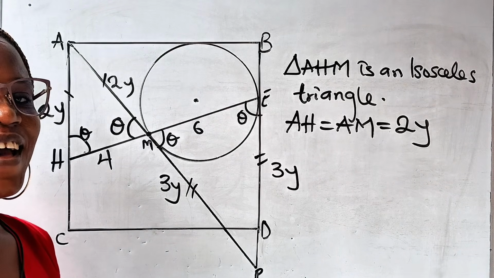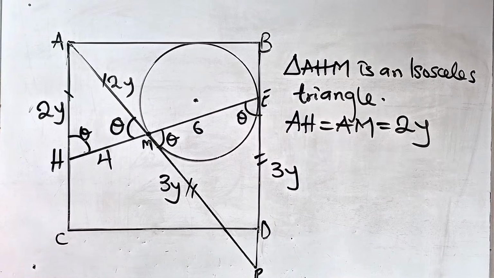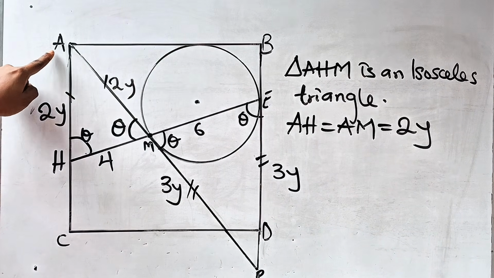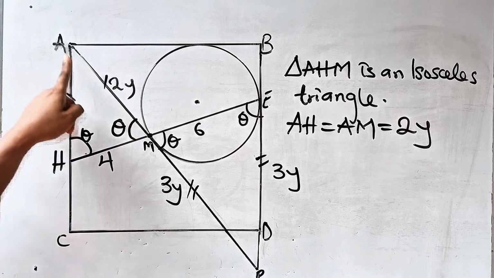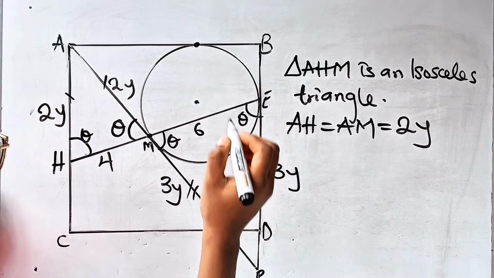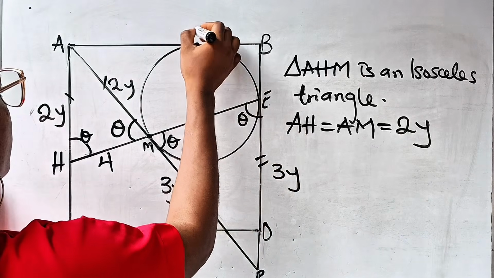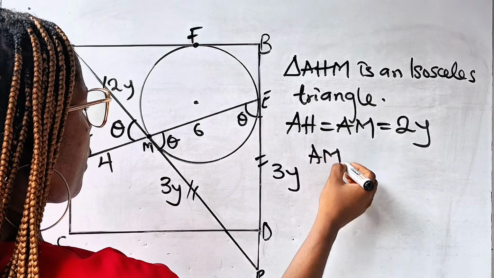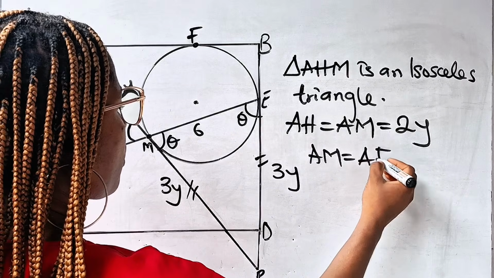Now, using the theorem that we discussed in the beginning, you can see that AM and AF, let's call this point of contact F, should be equal. Why?